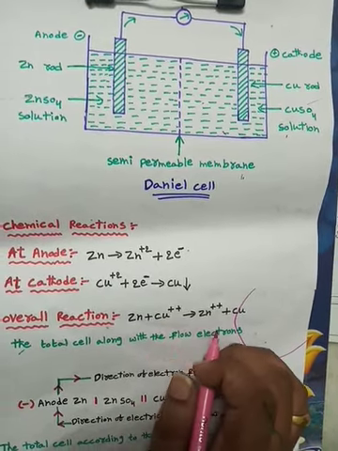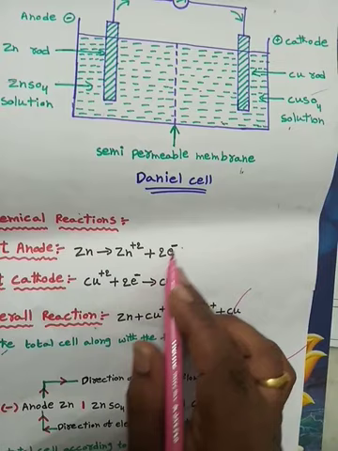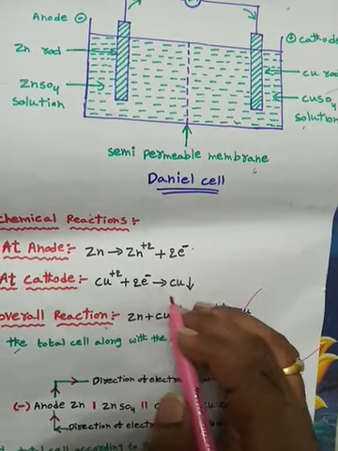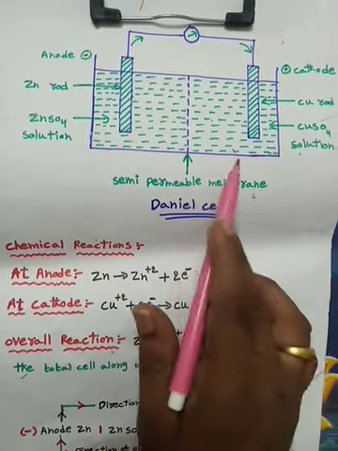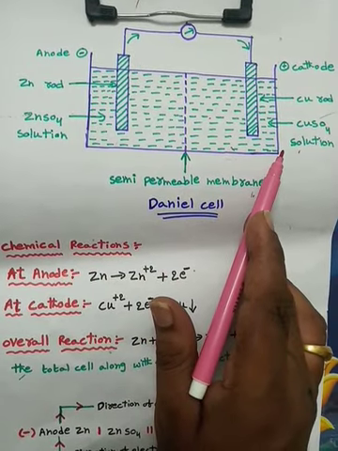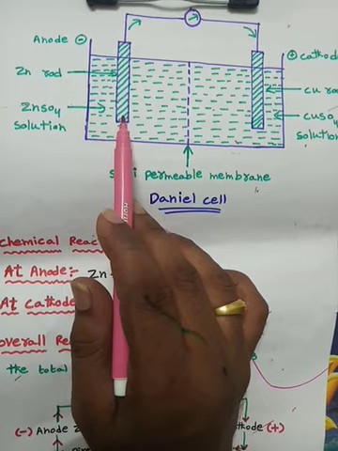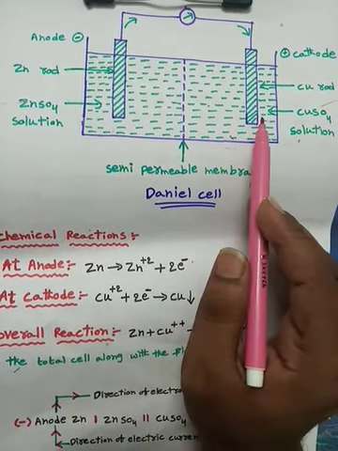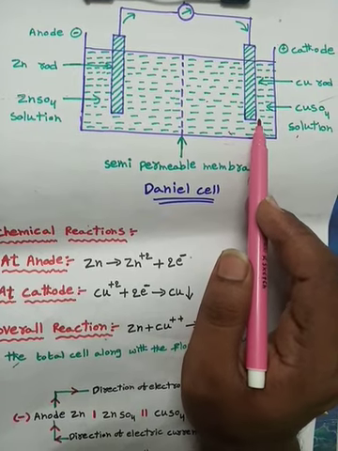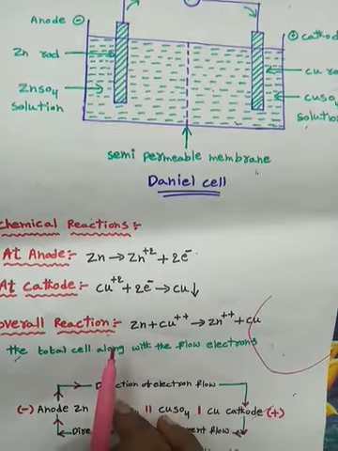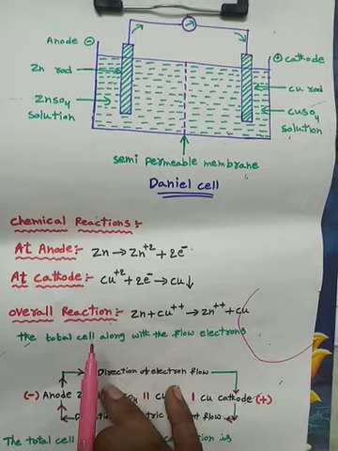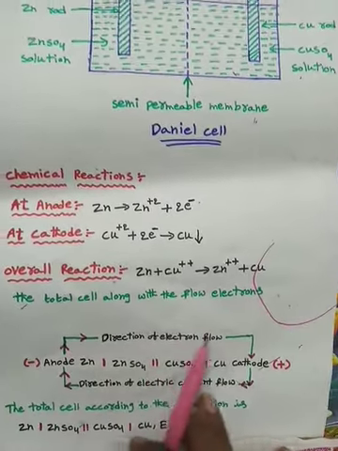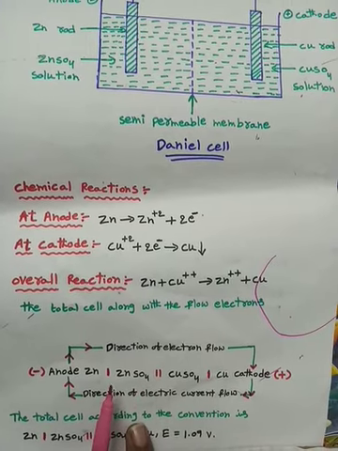This overall reaction is obtained by cancelling the 2 electrons at anode as well as cathode, and during the process at the anode de-electronation takes place. At the cathode electronation takes place, and this is the total cell along with the flow of electrons.